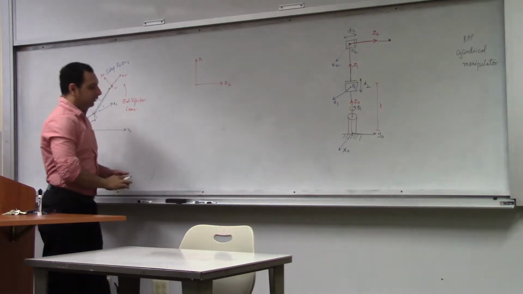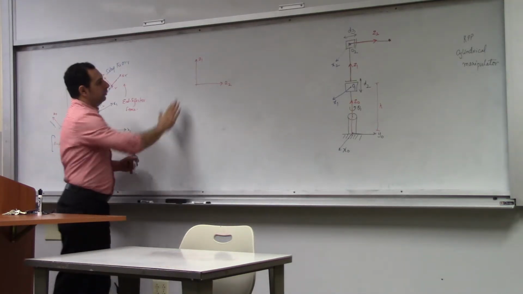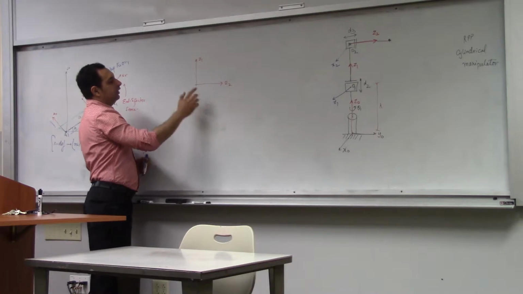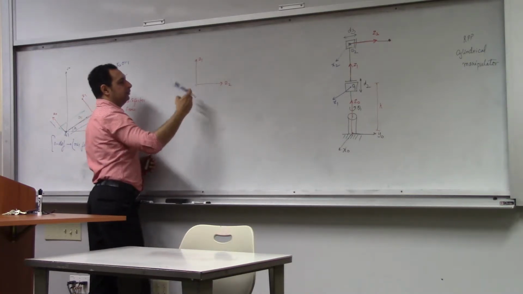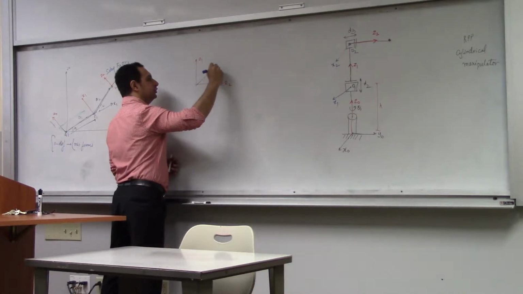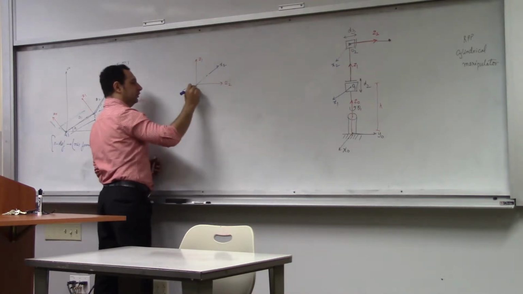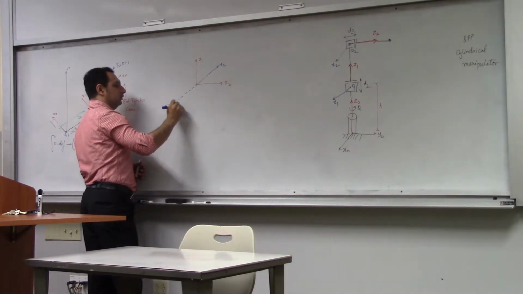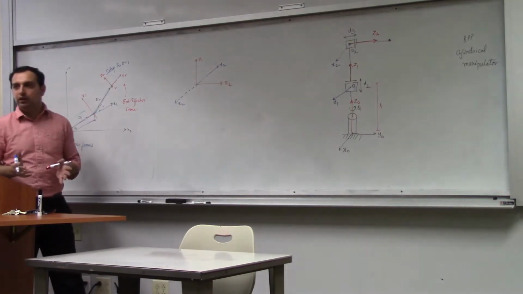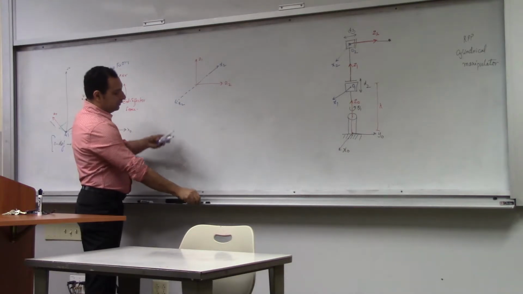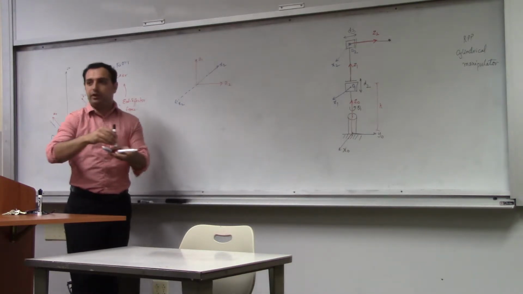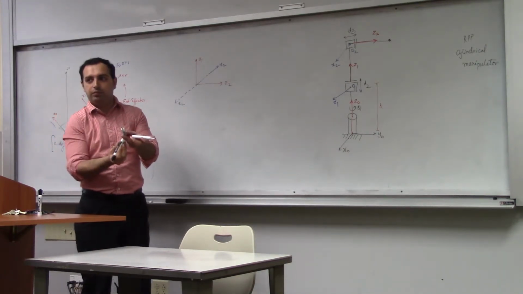Now, X has to be perpendicular to both of them. This is in the plane of the board. So if I have to draw a perpendicular axis, it will be either outside the board or within the board. So I have two options for X2. This can be X2 or this can be X2, right? Those are the only two options, because if I have Z1 and Z2, I can have X perpendicular to it in this direction or in the opposite direction.